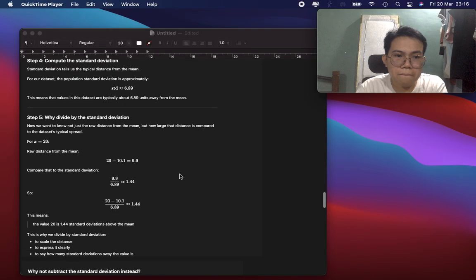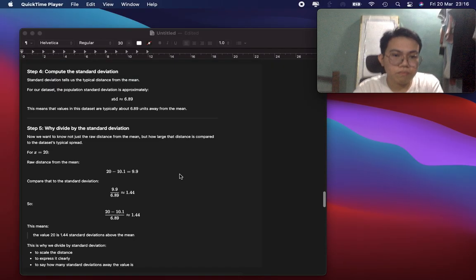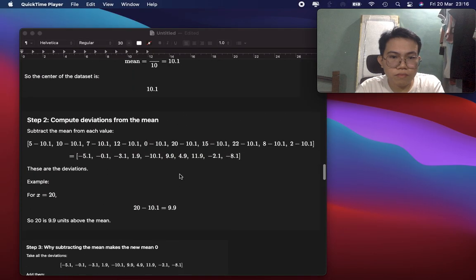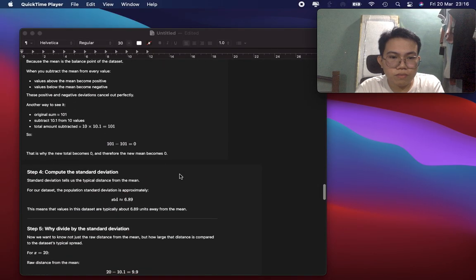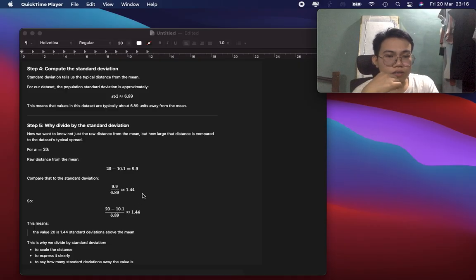So when we plug it in here, using the formula of normalization, we subtract the mean from the specific value, 20, and divide by the standard deviation. We would have 1.44.